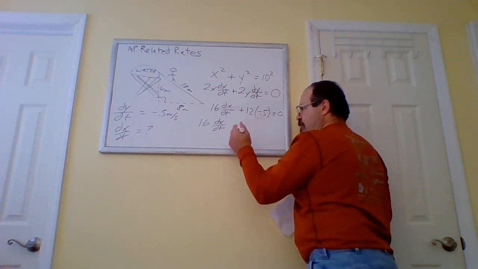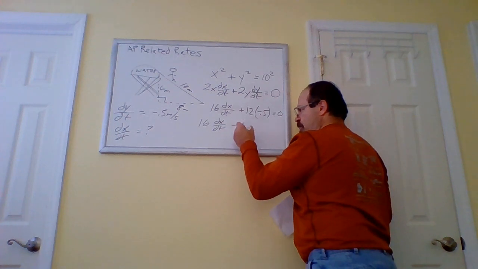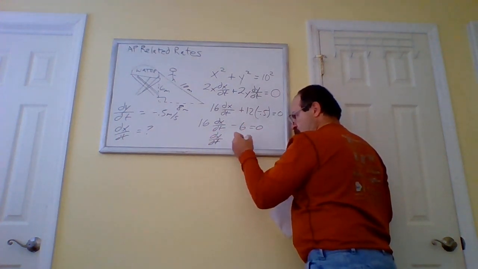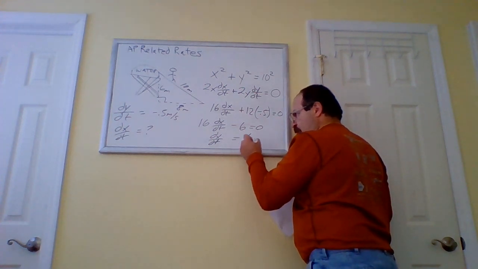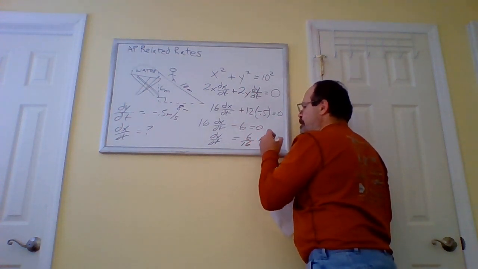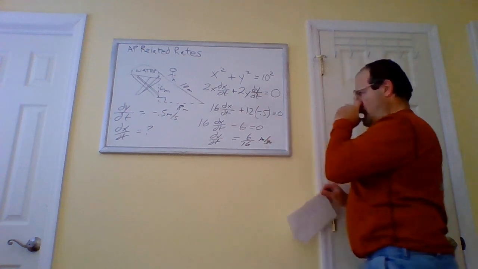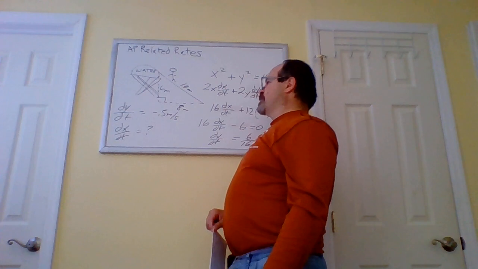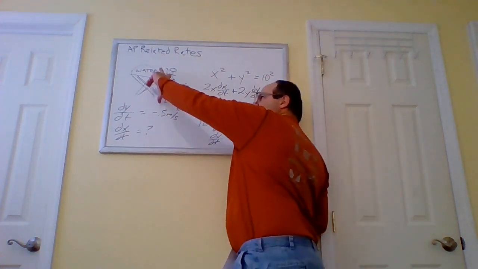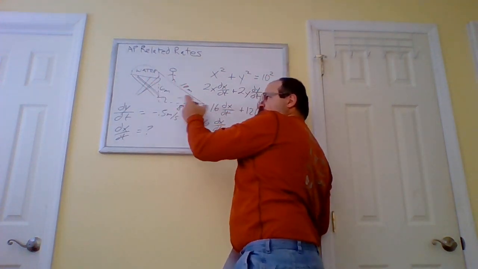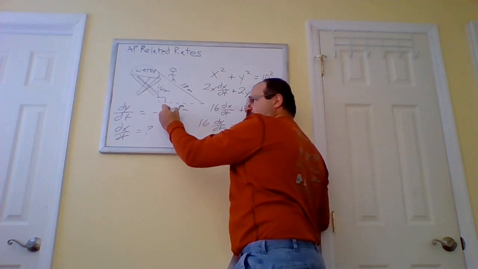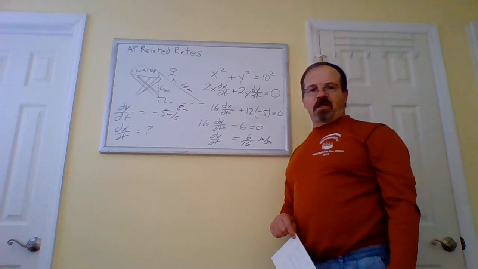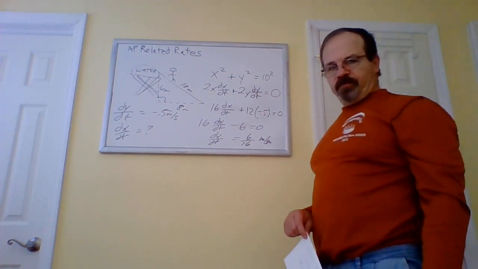Minus a half times 12, so half of 12 is that'll be negative 6. So dx/dt is going to be 6/16 meters per second. Okay, and you need to test it to make sure it works. If this thing's shrinking, of course this thing's growing. So if you would have had a negative here, and this came out negative, you knew you did something incorrect.